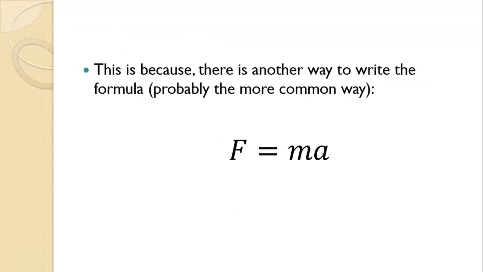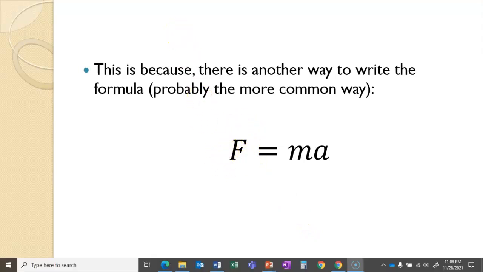So the reason we can say this is because force, which we say is a newton, is equal to the mass, whose unit is kilogram, multiplied times the acceleration, which of course is meters per second squared.